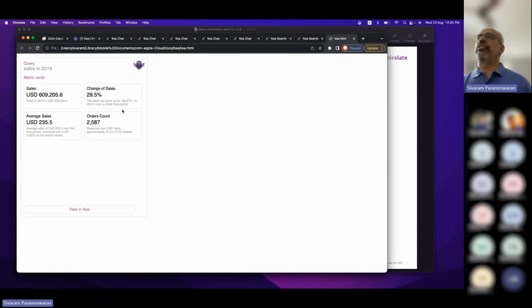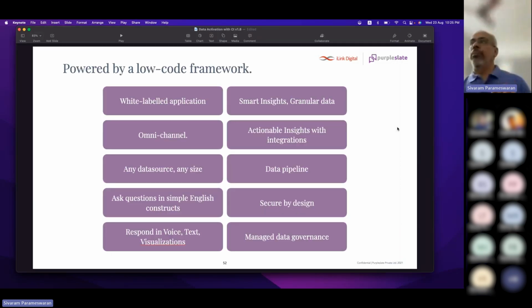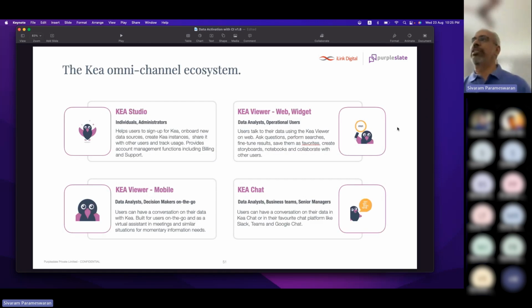You can see this small piece of information, very similar to how you embed a tweet or anything. By onboarding your data in Kia, if you don't want to invest in building your own dashboards, you can embed the Kia response and combine it with any other enterprise applications you may have, right? Some of our customers use this so that they do not have to invest in writing code to produce these metrics.